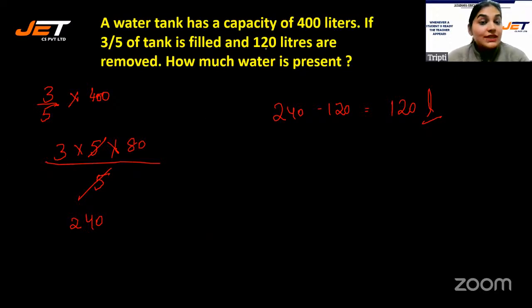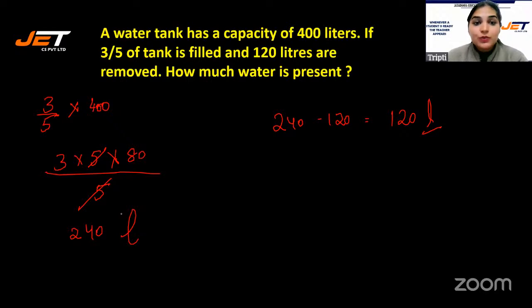If 3/5 of the tank is filled and 120 liters is removed, how much water is present? So 3/5 of 400 is 240 liters. And from 240 liters, 120 liters of water is removed. Find the remaining. So remaining is 240 minus 120, that is equal to 120. Somebody has written zero. No, it's not zero.